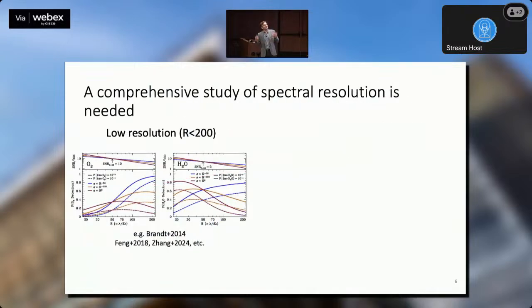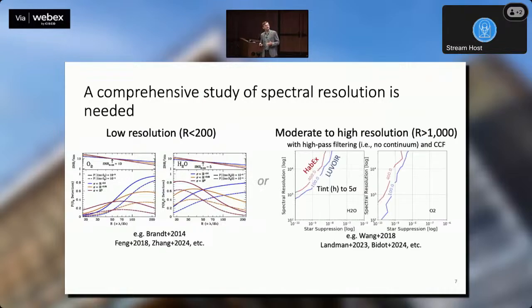And talking about trade-offs, there have been basically two types of trade studies so far. There have been some at low spectral resolution, up to a resolution of a few hundred. One of the caveats here is that we have not yet included correlated noise, so residual speckle noise, in those retrievals. I'll get back to it in a minute.